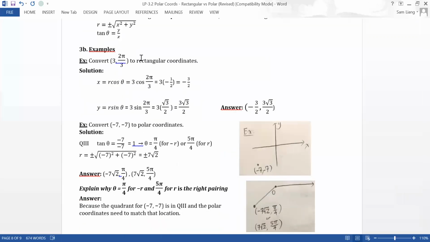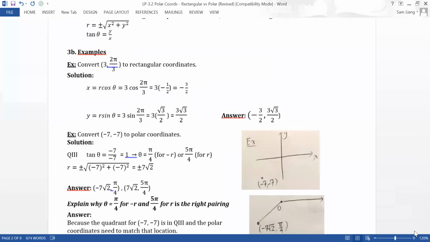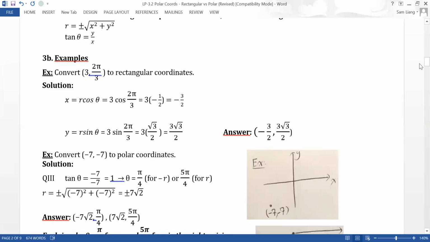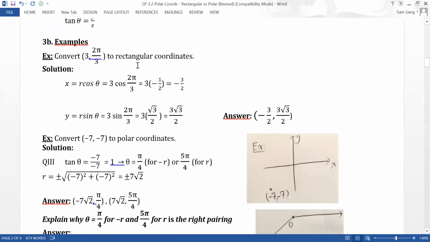Here's our first example. We're going to convert this polar coordinate point to rectangular coordinates. We're going to use the formula that isolates x and y, because we want rectangular coordinates. So x equals r cosine theta, as we just saw. That'll be 3 cosine 2 pi over 3.